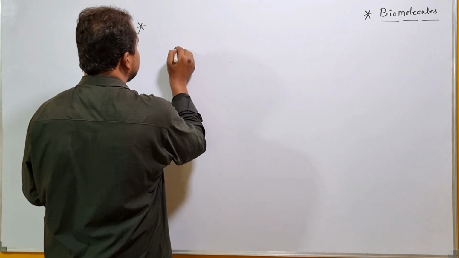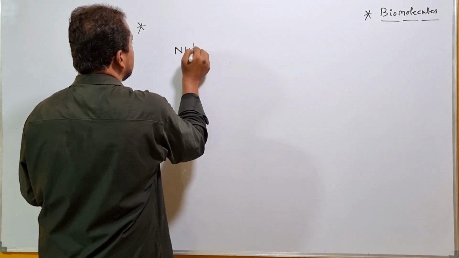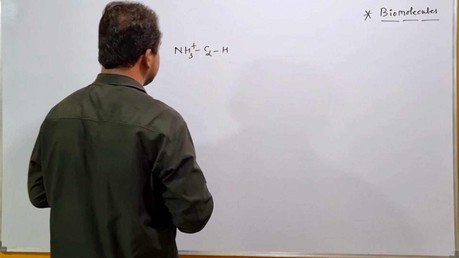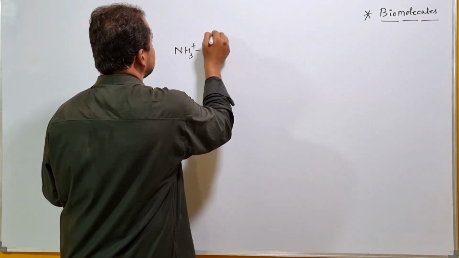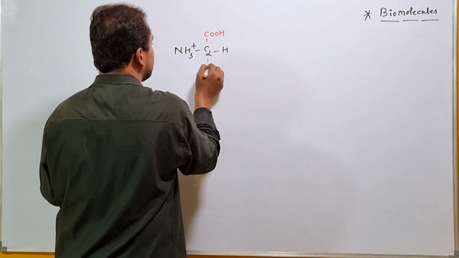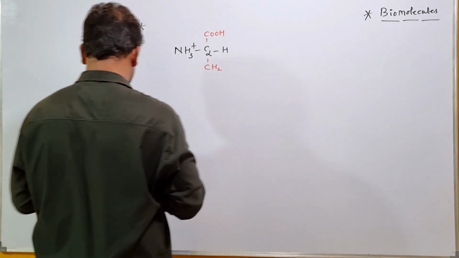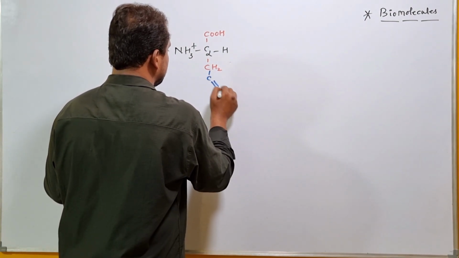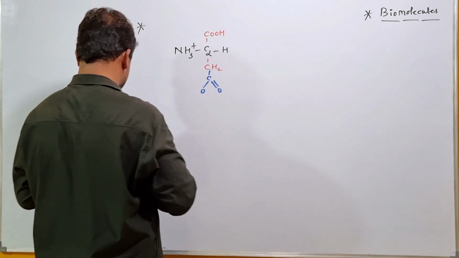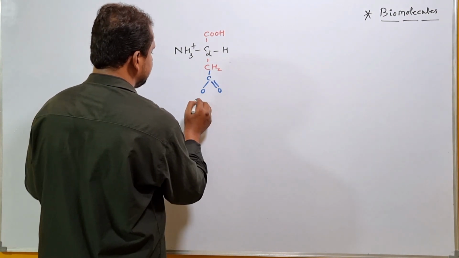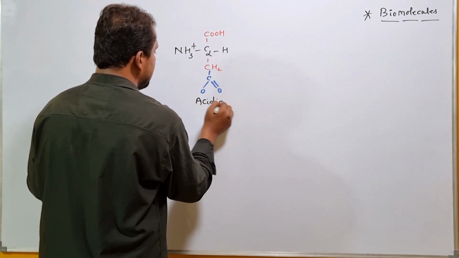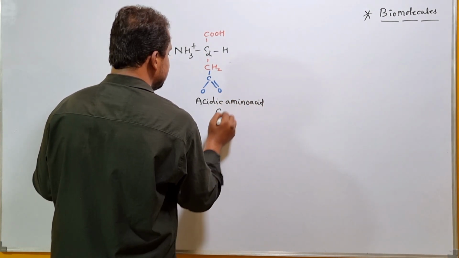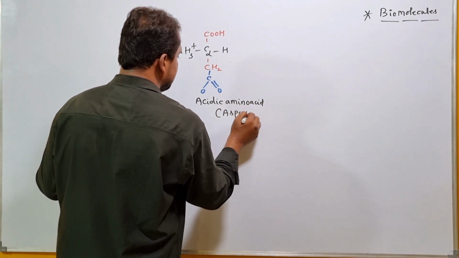So the particular amino acid has more than one carboxylic group, and the best example is aspartic acid.